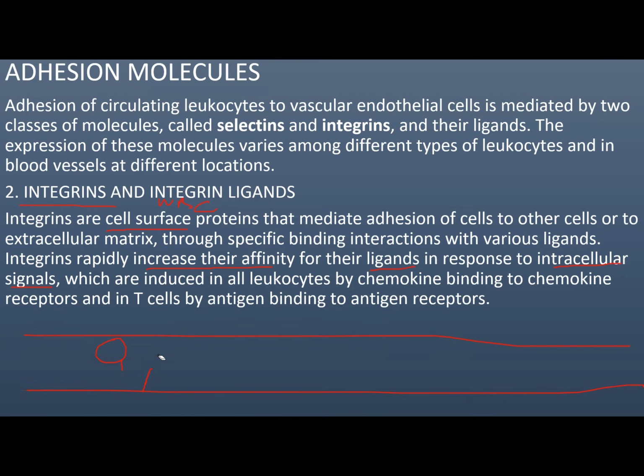Just for you to understand better, this would be the ligand for the selectin, and this would be the ligand for the integrin. Now, class, the ligand, as mentioned, would have a target. It would now attach to your neutrophil. Whenever your selectin attaches to your cell, this is a low affinity, as mentioned earlier.